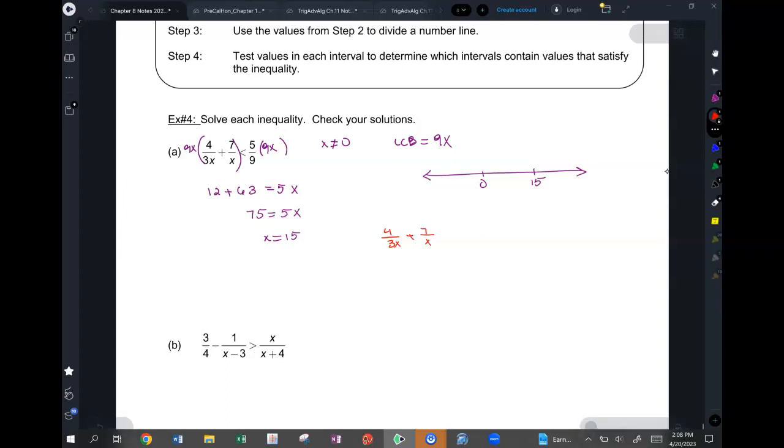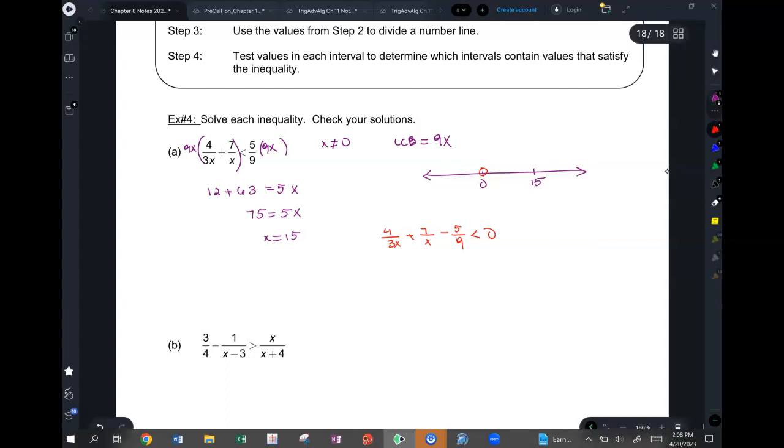Bring everything to the left-hand side, so minus 5 over 9 is less than 0. And now we're going to test values from each of these and see where we're going to get a positive and where we're going to get a negative. Which one of those numbers is a restriction? The 0. Let's put a little open circle there just so we know the 0 is a no-no point.